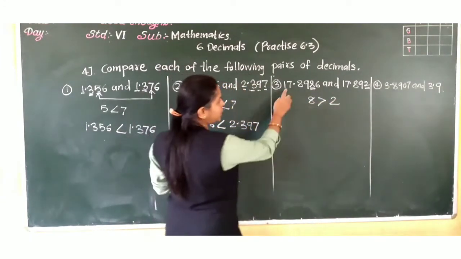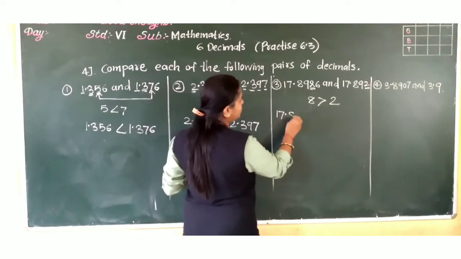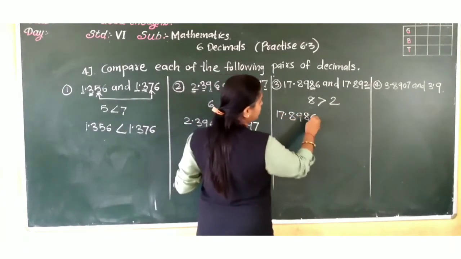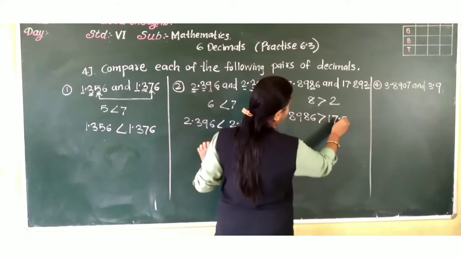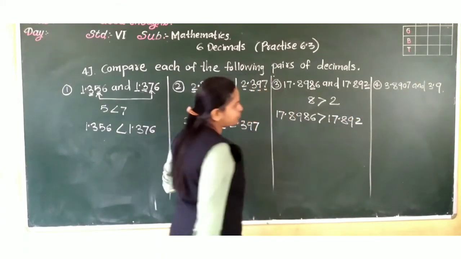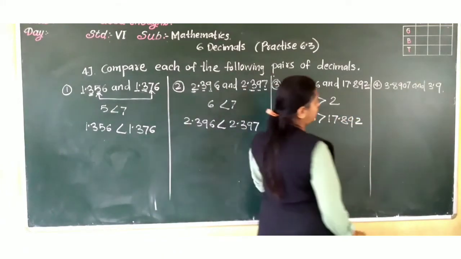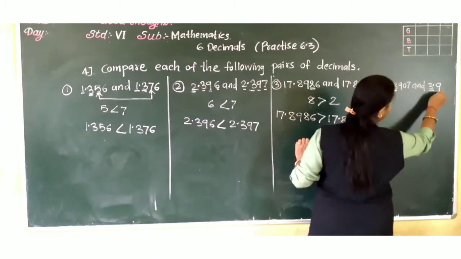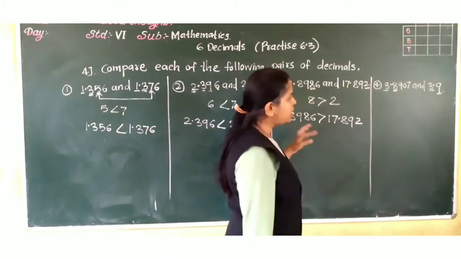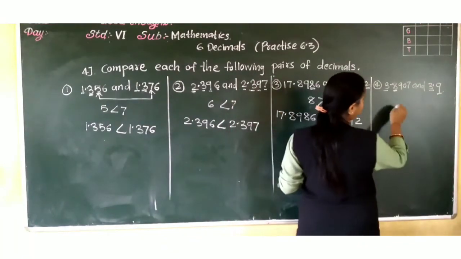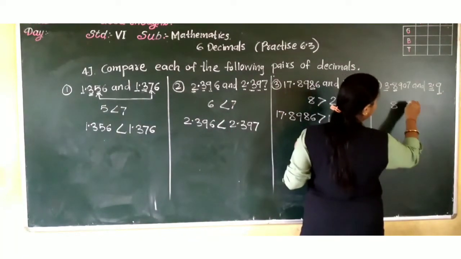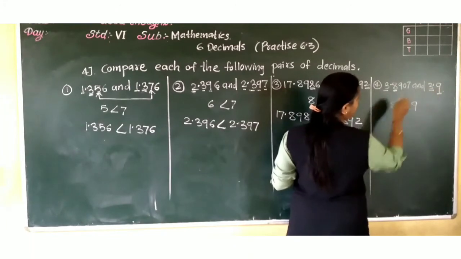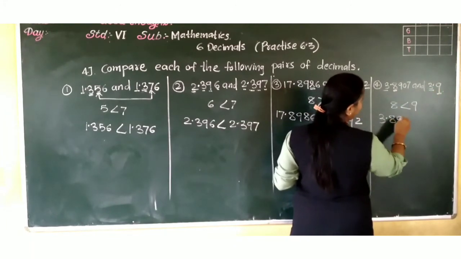So this decimal is greater. Followed? Now look at here. This same. Now this is 8, this is 9. Who is greater? 8 is greater or 9 is greater? 9 is greater. That means this decimal is greater. Followed?